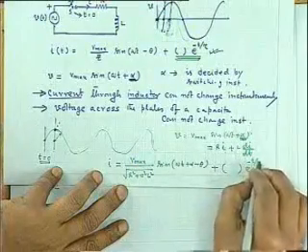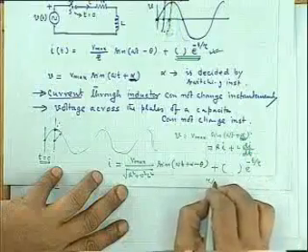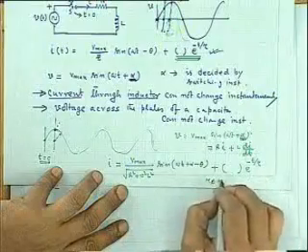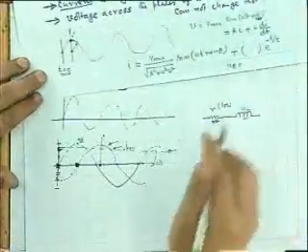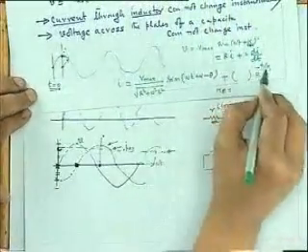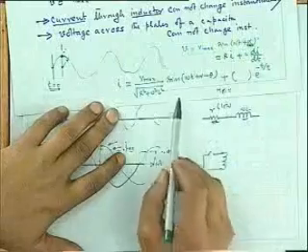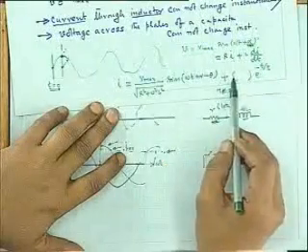It will have a magnitude, and this term will be like this, where tau is L by R.